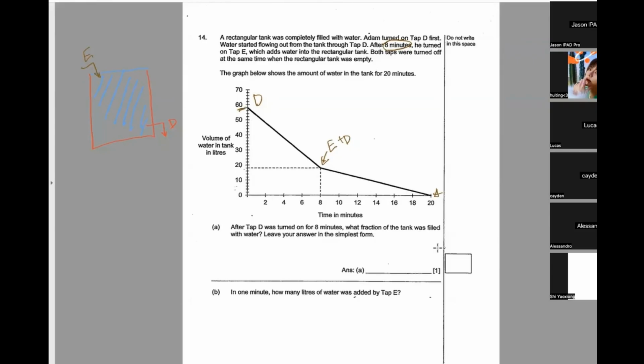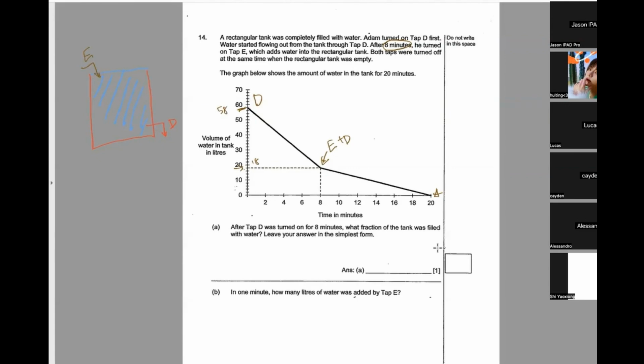Then after 8 minutes, it becomes here. If you check your markings carefully, this is 18. Don't read it wrong here. This is 18, and this is 58.